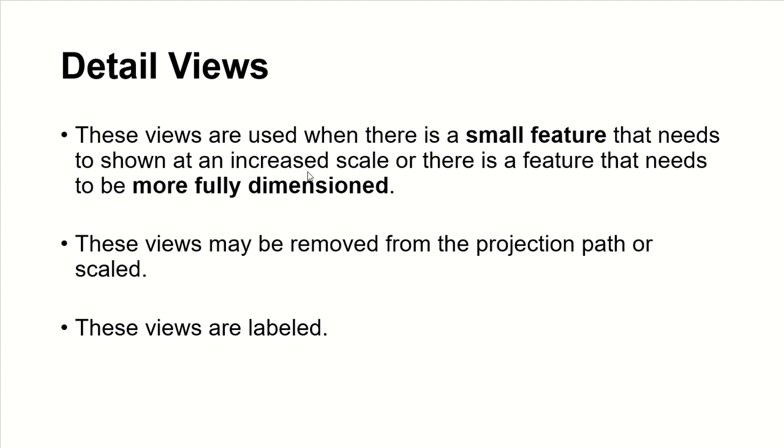It needs to be shown with a bigger scale, because if you show the small feature with a small scale, people can't read it. So we might have to make it bigger. Sometimes with detail views we have to remove it from the projection and scale it up, because you're dealing with a small feature. Of course, we always label our views.